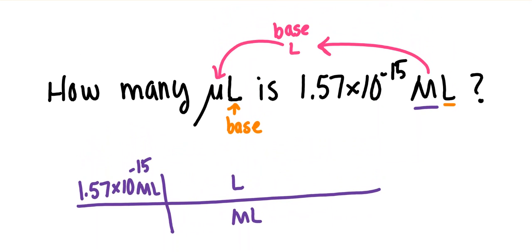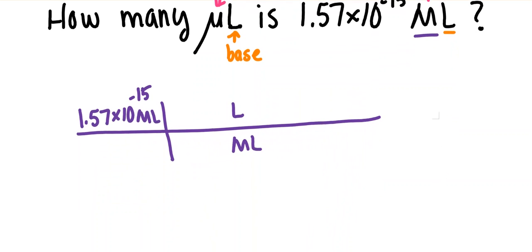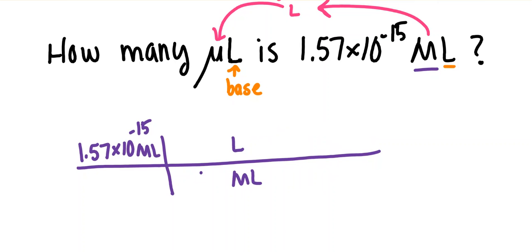And that's because I don't have a conversion factor from megaliters to microliters. I just have between the prefix and the base. So I'm going to the base unit first. And you need to memorize these conversion factors for the metric prefixes. On tests, I always give the English conversion factors, but metric to metric, you need to know.